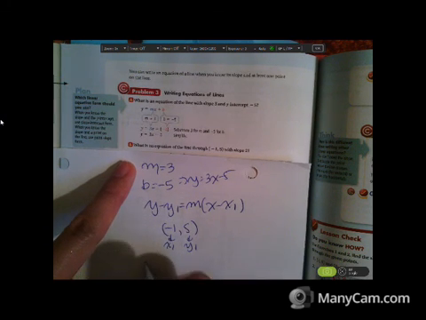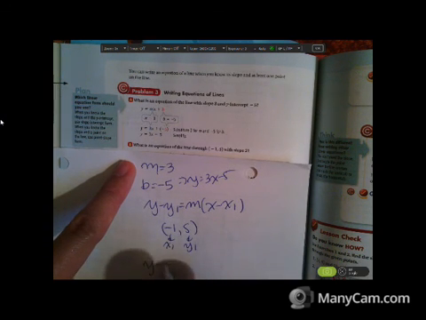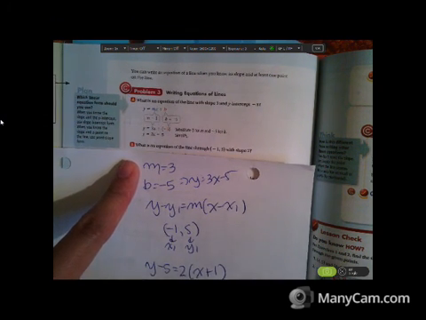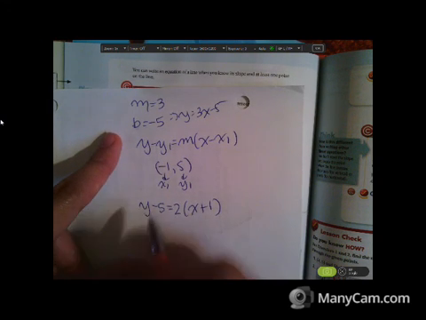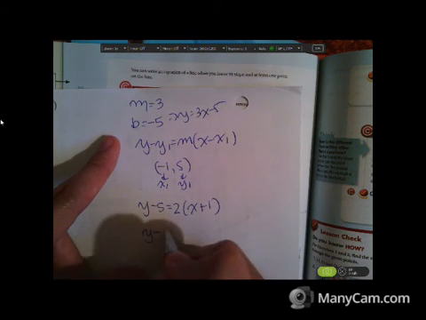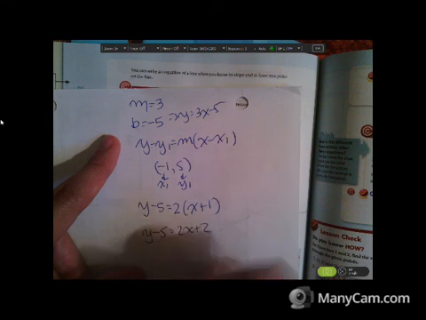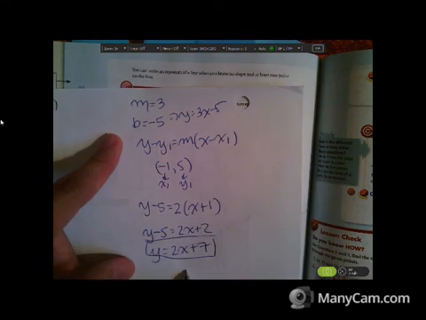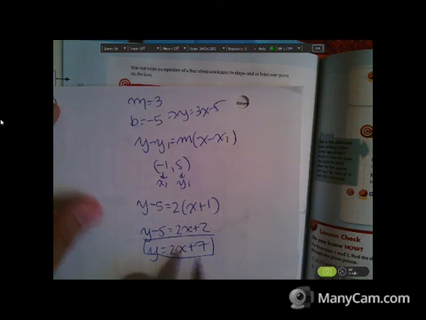So therefore, I'm going to have y minus 5, and our slope is 2 times x plus 1. Because that's a negative, it's going to be minus negative 1. Alright, so then, after I do everything, this is our equation. So I use point slope form.